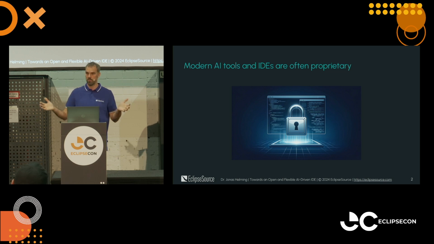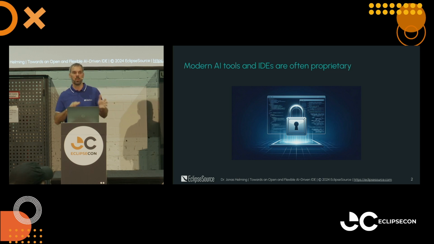We kind of take it as is. We kind of lose this advantage of innovation in the open source space. What we want to do is turn this trend around. We want to build something completely open, where you have full flexibility, full openness, and full transparency. And that's what I'm going to show you today.